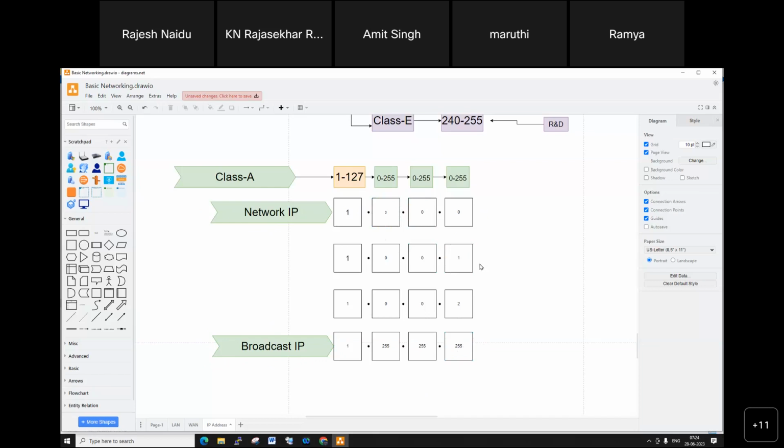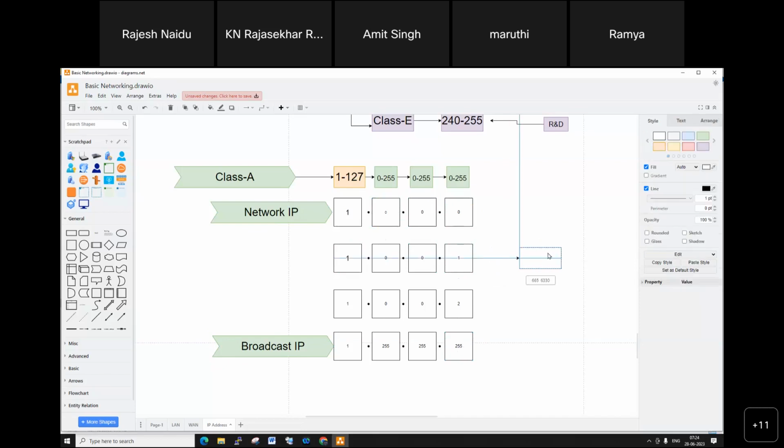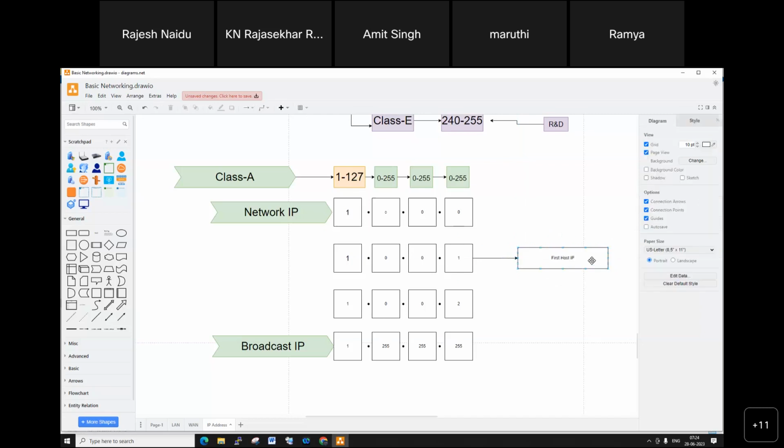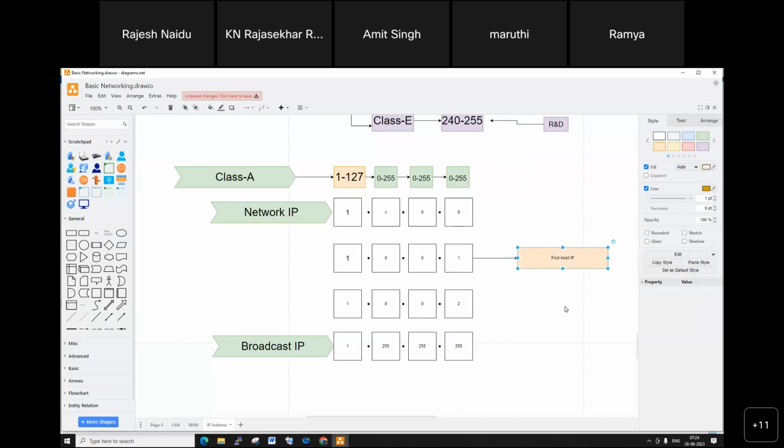One after the network IP, whatever IP address we are creating, this is called the first host IP address.